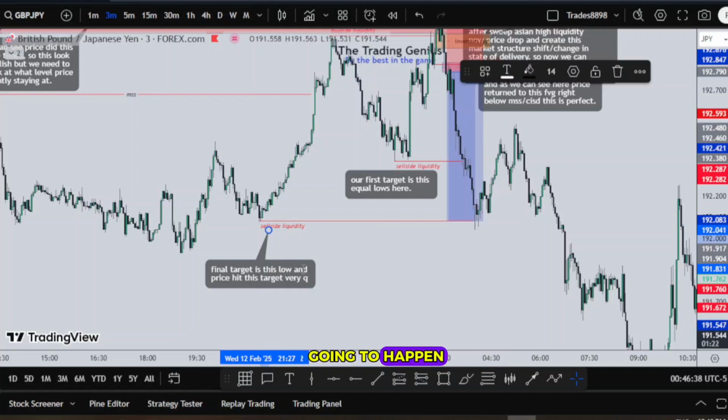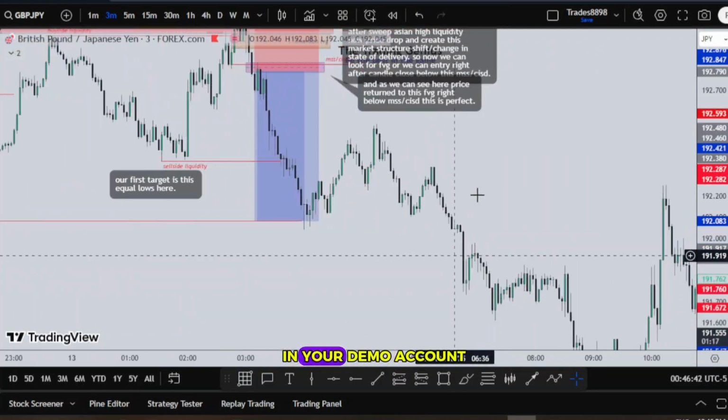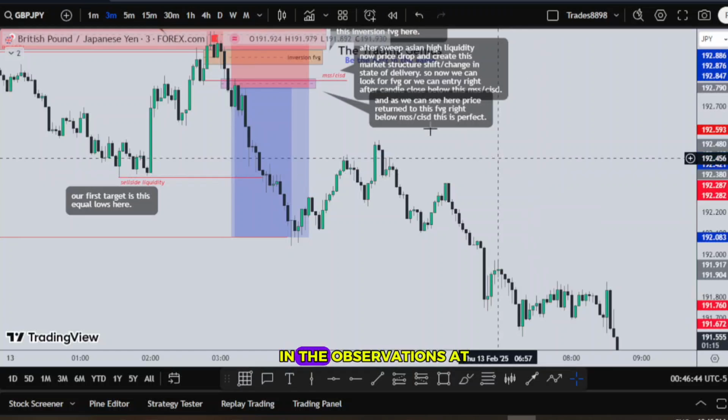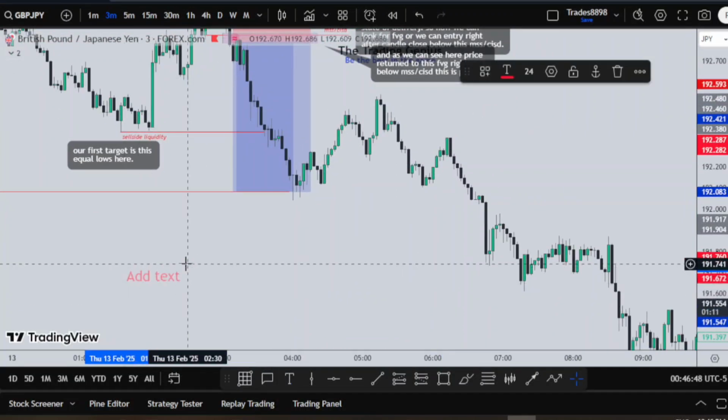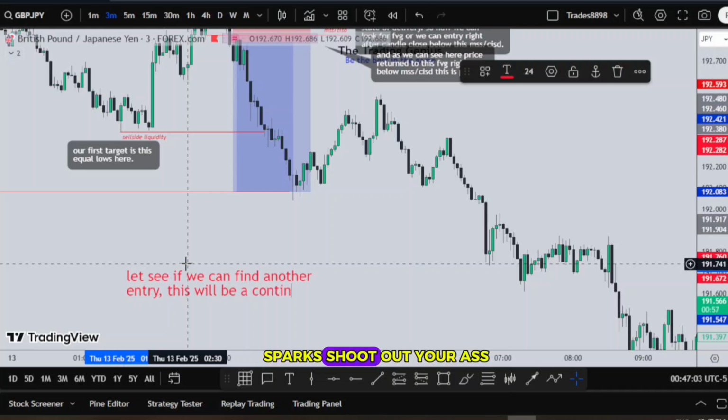It's going to happen. You will be prompted to do certain things in your paper trading account, in your demo account, in the observations at that time. I want to hear your feedback then, not right now. You haven't even learned how to walk yet. And some of you want to run a marathon and carry your friends and neighbors on your back, like you can conquer all things and fucking sparks shoot out your ass.